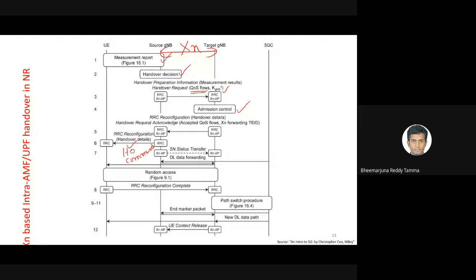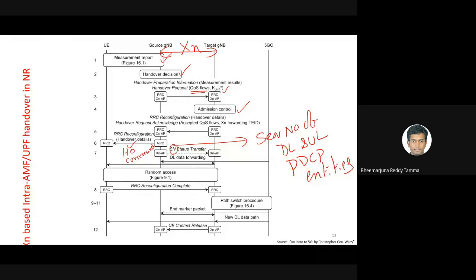Then we have something called SN status transfer. Here SN status transfer is nothing but the sequence numbers of downlink and uplink PDCP, not PCTP, PDCP, which are transferred from the source gNodeB to the target gNodeB.